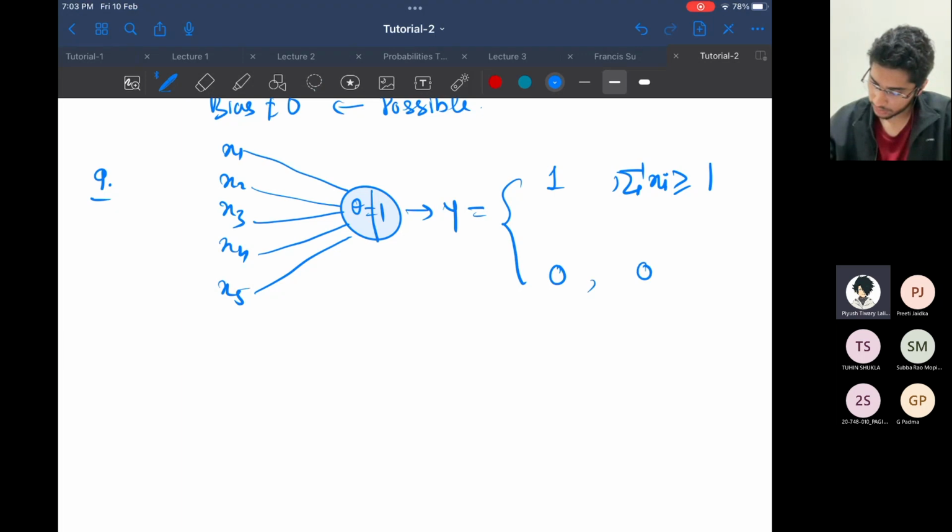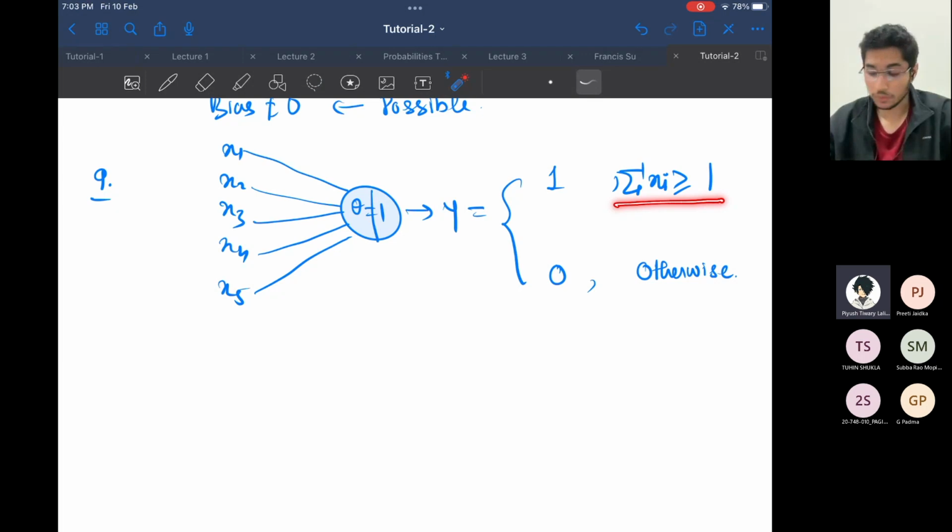Otherwise, it will be 0. So the output is 1 only when the summation is greater than or equal to 1.